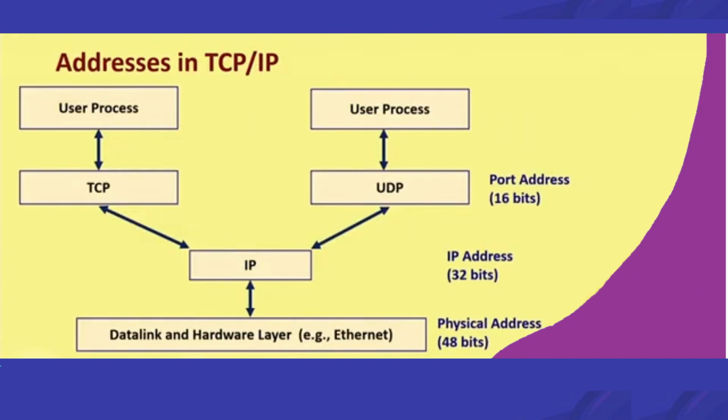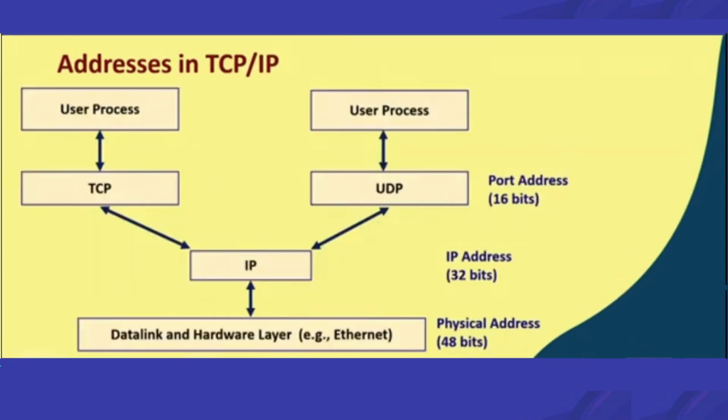Now, the point to note is that in this TCP IP, this simplified 3 layers, there are several addresses which are coming into play. At the lowest layer, hardware layer, well, most commonly we see something called Ethernet networks, that is there at the physical layer level in our local area networks. So, at the lowest layer, this is the most common kind of network we encounter. It is called Ethernet.